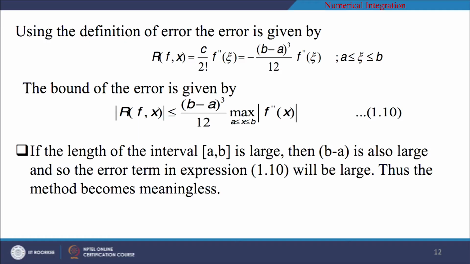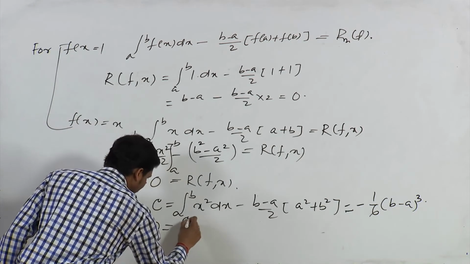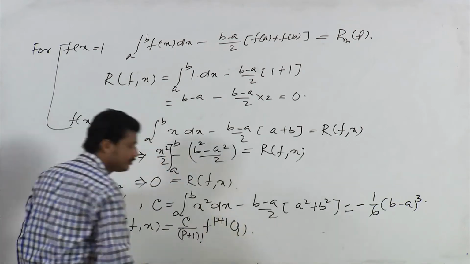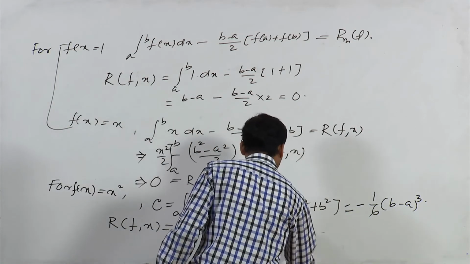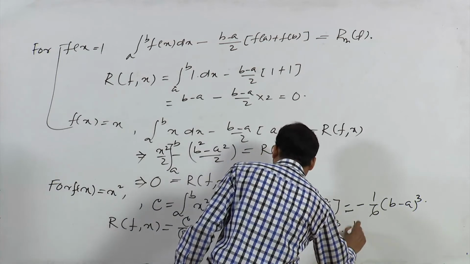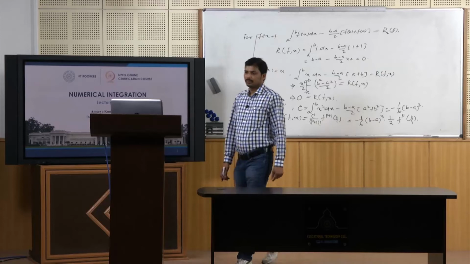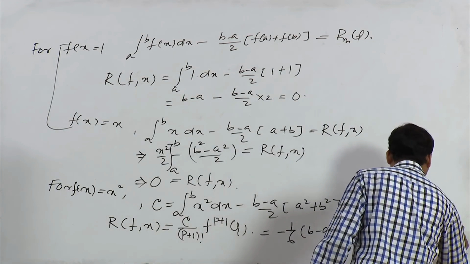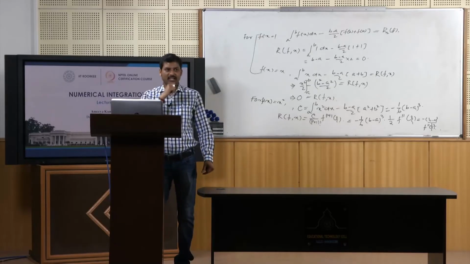If we put this c value in the error term, R(f(x)) is usually written as c by (p plus 1) factorial times f to the power (p plus 1) of zeta. Here p is 1, so we can write minus 1 by 6 (b minus a) whole cube times 1 by 2 times f double dash of zeta, which gives minus (b minus a) whole cube by 12 f double dash of zeta, where zeta lies between a and b.